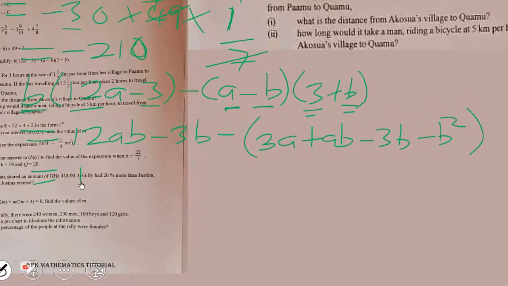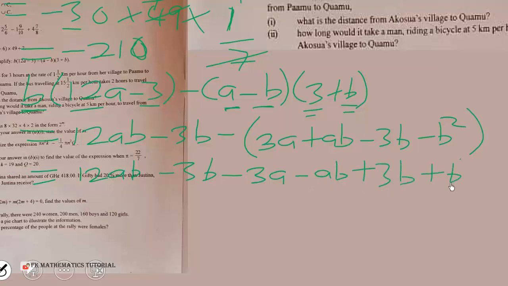So let's expand. We have 12AB minus 3B minus 3A minus AB plus 3B plus B squared. So let's regroup the terms.